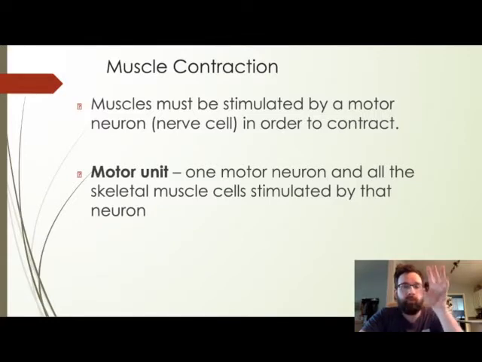So, muscles to start things off. A few ground rules and some vocab we're going to be using. Muscles must be stimulated by a motor neuron, which is a nerve cell, in order to contract. That's the only way it works. If you were here when we talked about action potentials, I showed you the muscle stimulator, and you might be wondering, that electricity causes a muscle contraction as well, so isn't that something different that's not a neuron?